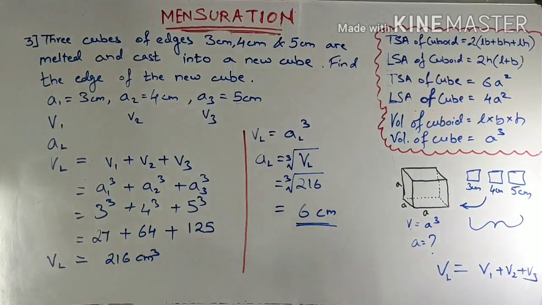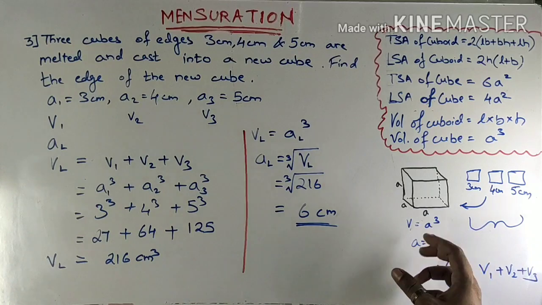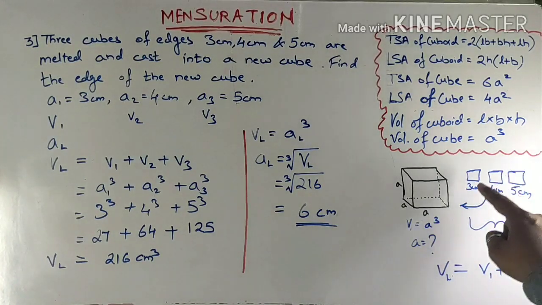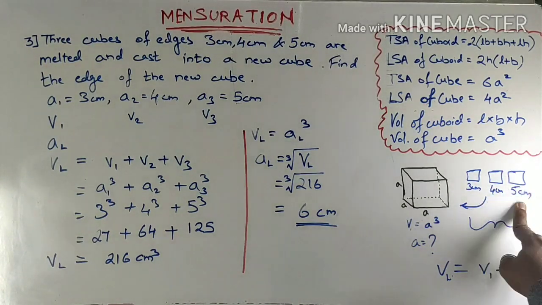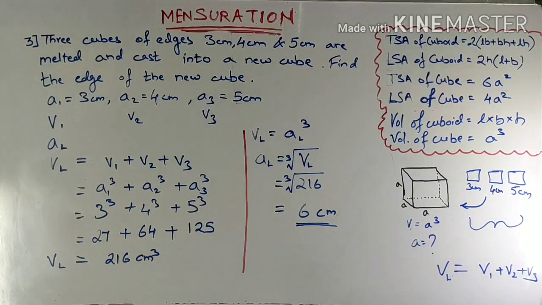So the edge of the larger cube that we have formed or cast by melting the smaller cubes of dimensions 3 cm, 4 cm, 5 cm, the edge of that cube is 6 cm. So every problem has a solution. You need to think logically, analyze the situation, and apply your mathematical knowledge.